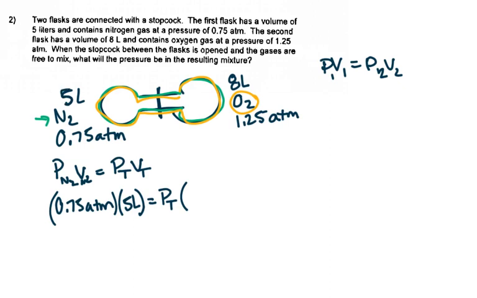That's the 5 liters from the nitrogen side and the 8 liters from my oxygen side, giving me 13 liters total. So now I'm going to solve for P total, which is coming from my nitrogen gas. And I have 1 sig fig here, so I'm just going to do 1 sig fig in my answer, 0.3 atm.